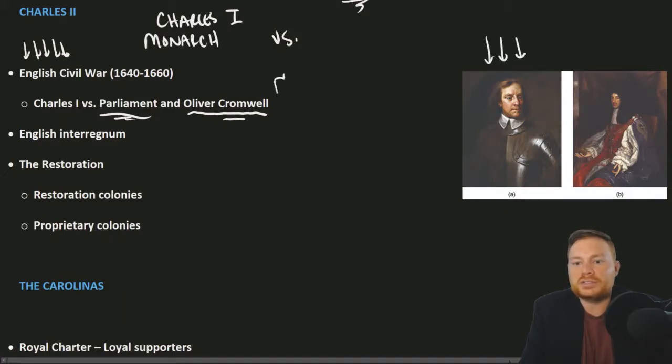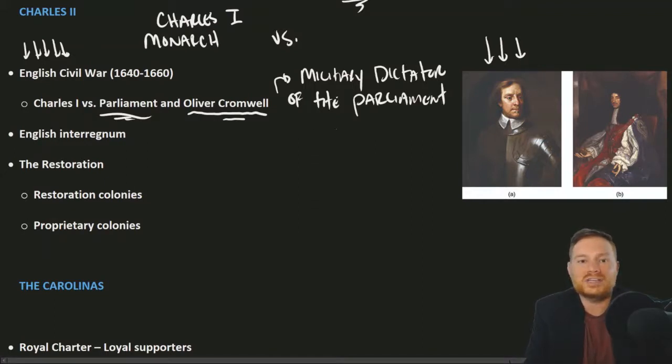He was, in some sense, we'll just call him the military dictator of the Parliament. And that is to say that during the English Civil War, Charles I, the father of Charles II, was beheaded and killed.